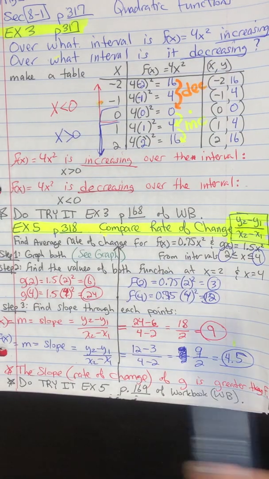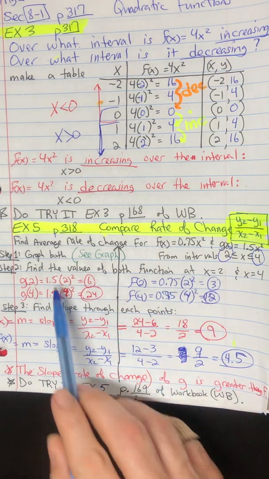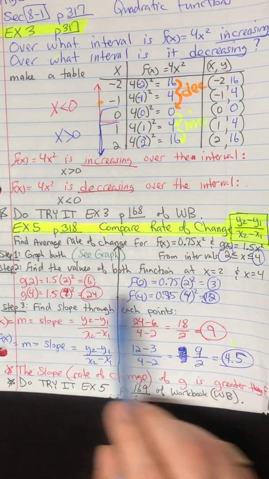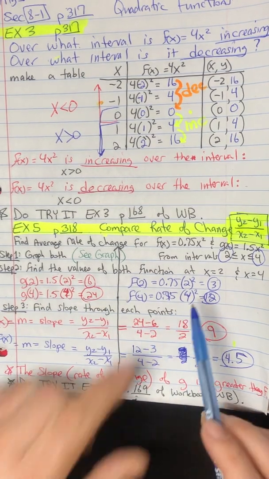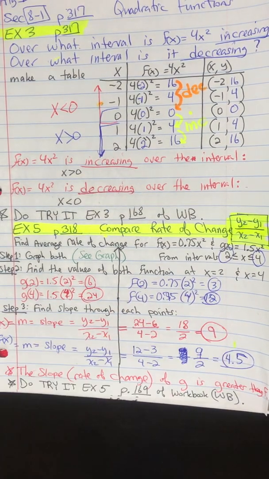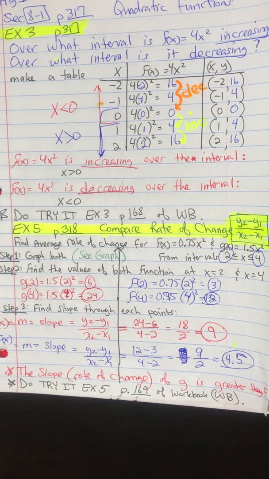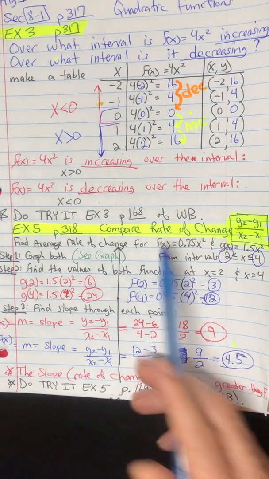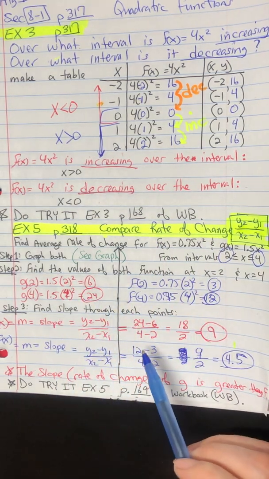Let's go back to example 5 here. So here's step 3. After we did step 2, I did step 2 on the other page. This is what I got, right? And they end up being 2 points. 2, 6, 4, 24 for g. For f, it's 2, 3, 4, 12. Now to find the slope, well, to find the rate of change, to compare the rate of change, you just find the slope of both of these sets of points.